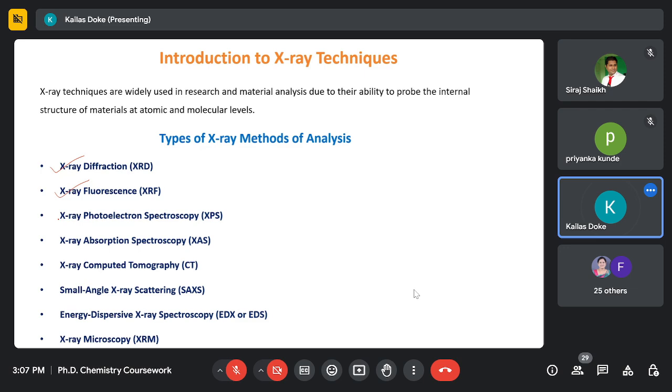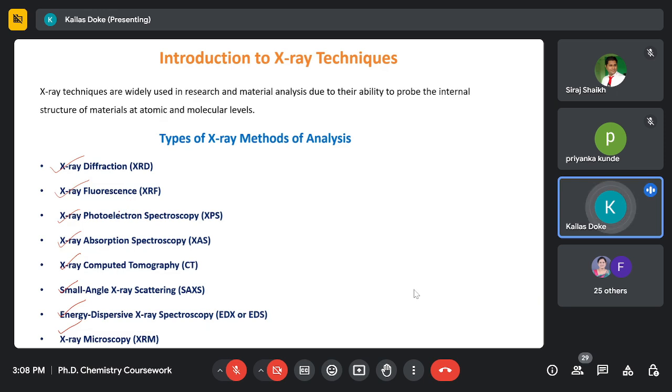Next one is X-ray absorption spectroscopy. Next is X-ray computed tomography, which we usually call a CT scan. Small angle X-ray scattering, energy dispersive X-ray spectroscopy, and X-ray microscopy. So all these are the different types of X-ray methods of analysis.